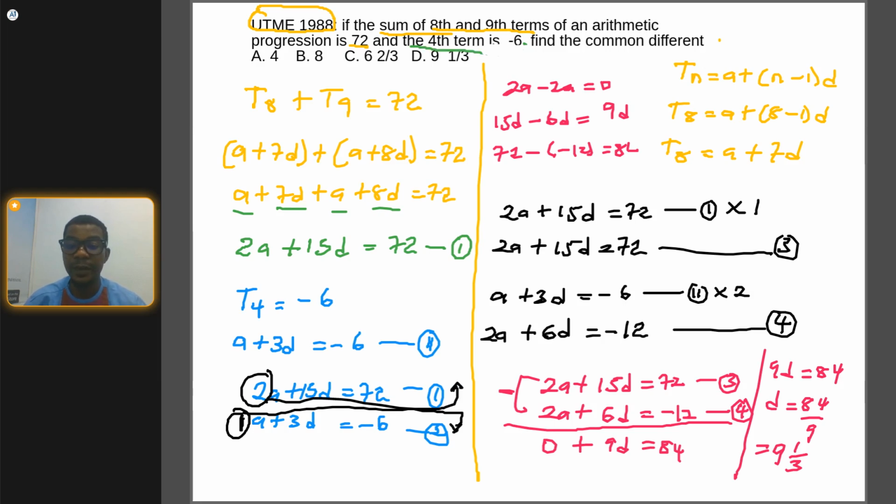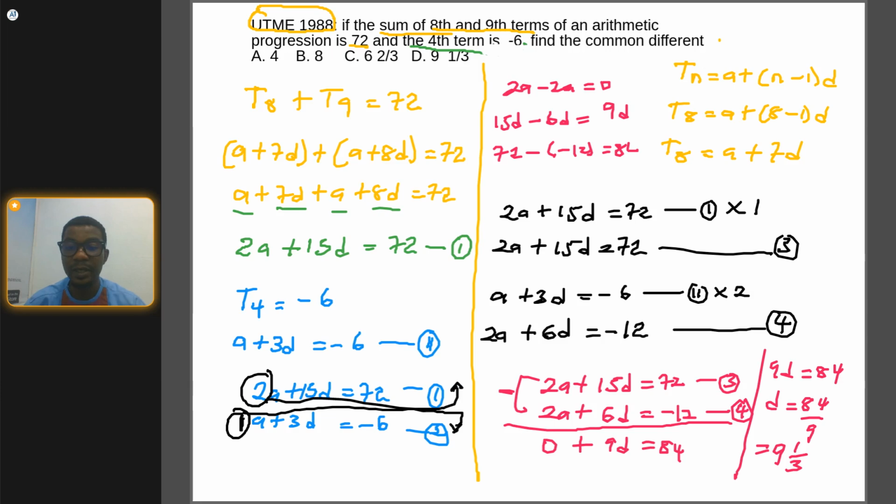Just type your response. Option A is 4, option B is 8, option C is 6 whole number 2 over 3, while option D is 9 whole number 1 over 3.